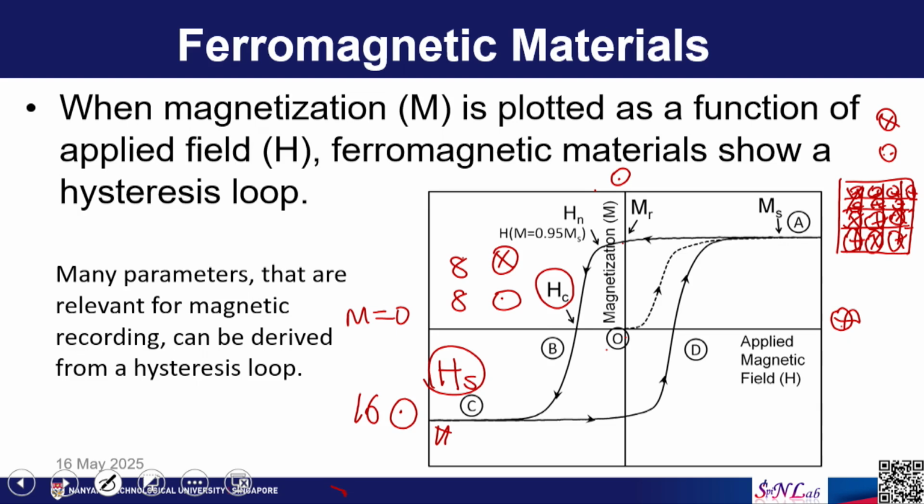HS is the field where you magnetize all the grains into one direction. In coercivity you are only switching half of the magnetization. So, coercivity is the field required to reverse half of the magnetic moments. Out of the 16 you have only reversed 8 of them, as a result you get 0 magnetization.